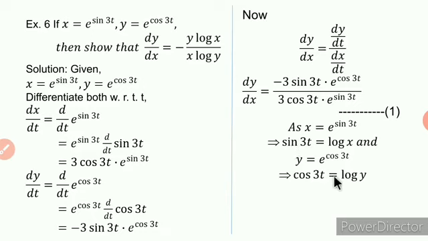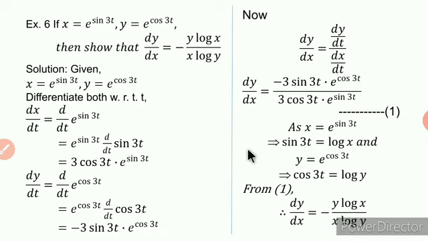So we get cos 3t is equal to log y. Now substitute these values of sin 3t and cos 3t and e raised to cos 3t and e raised to sin 3t in relation 1. So we get from 1, dy upon dx is equal to minus y log x divided by x log y. And this we have to prove here.